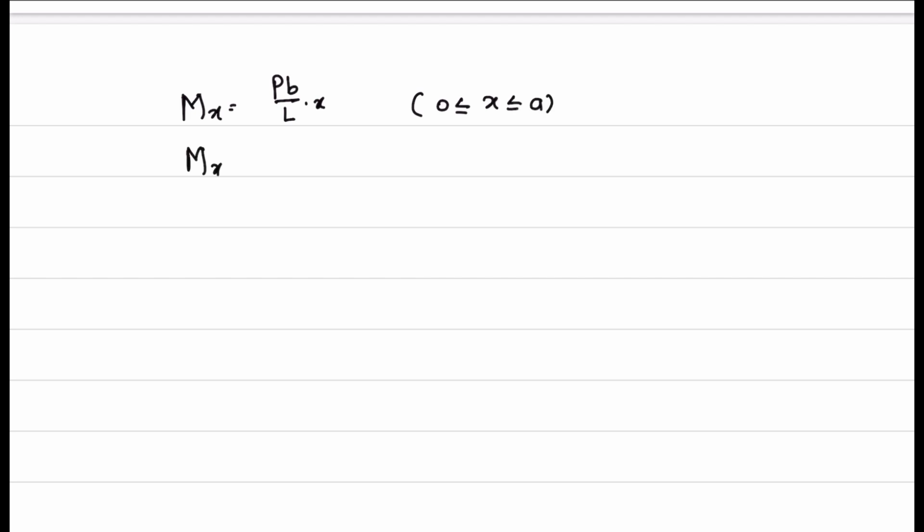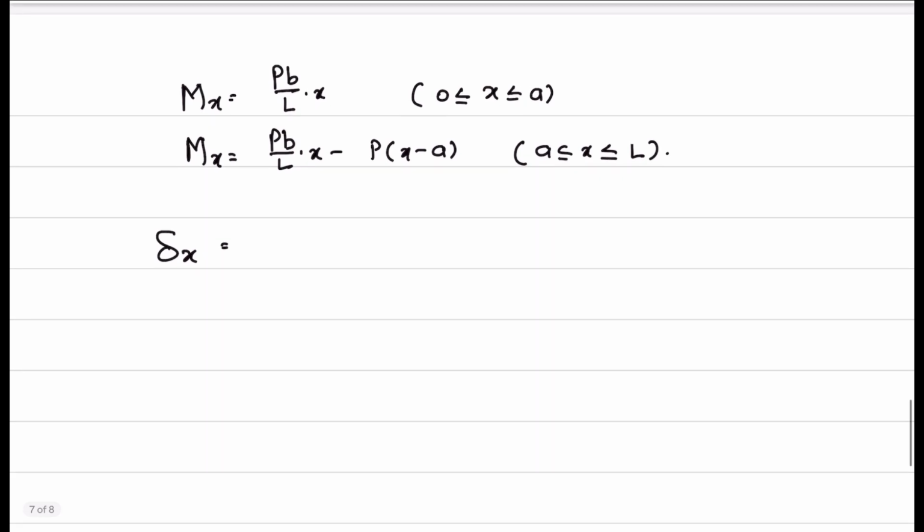Mx is equal to Pb by L into x minus P into x minus a, for a less than or equal to x less than or equal to L. For these two values we have to find out the delta x. Now what is delta x?